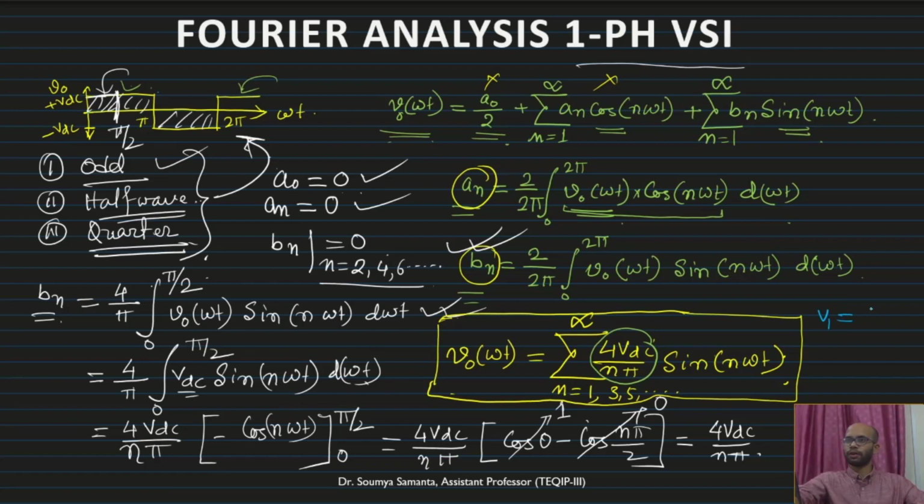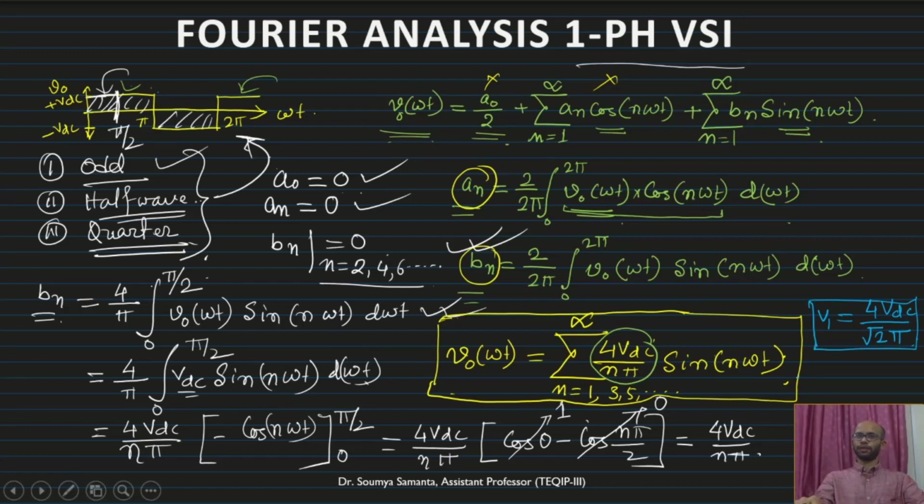What will this be? This will be 4 into VDC by pi, with n is 1, divided by root 2. So this will be the final expression of V1. That is the RMS, root mean square value: the maximum value by root 2.